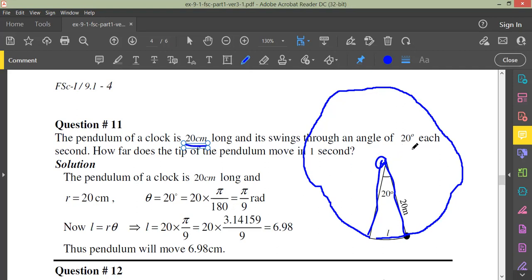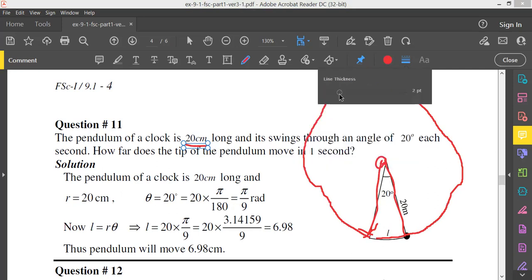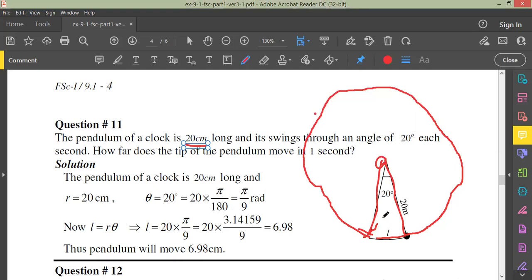So we will simply convert degrees into radians. We have to find this length. This length will be equal to L.